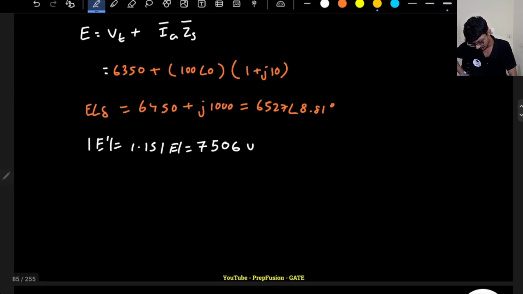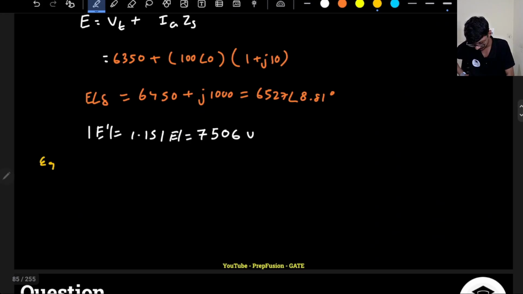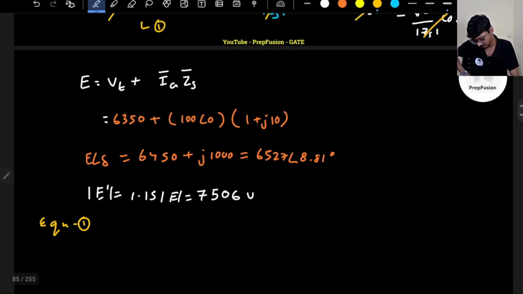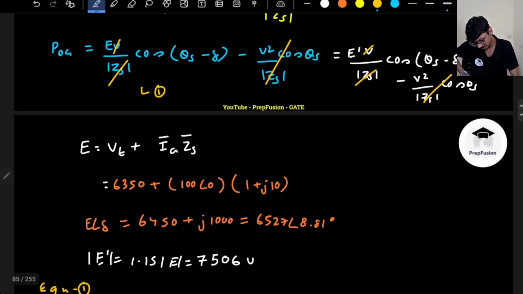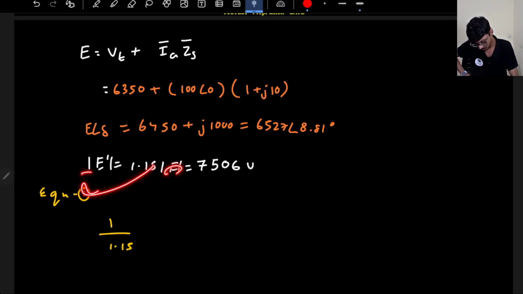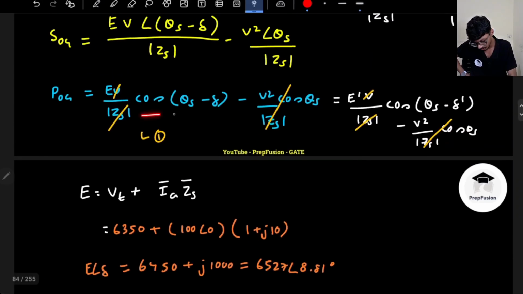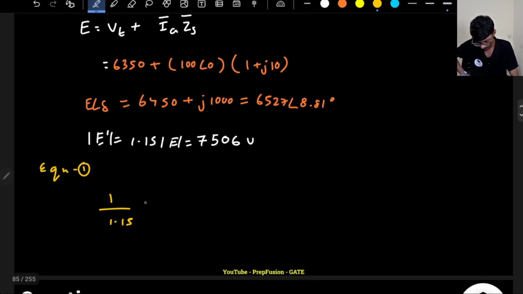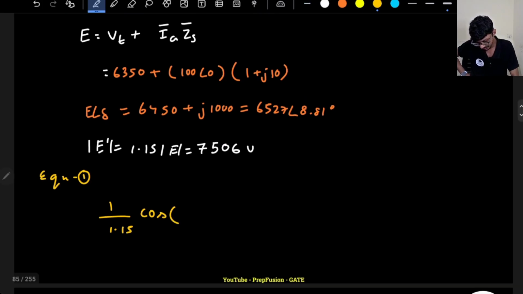So equation 1 I can rewrite. This will be E upon E dash, which is 1 by 1.15, times cos of theta s minus delta. So what is theta s?